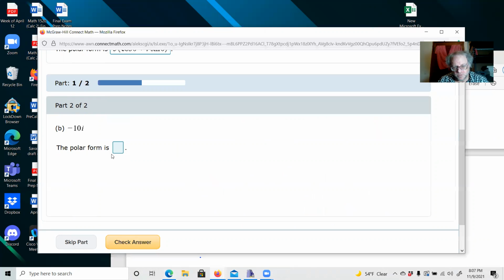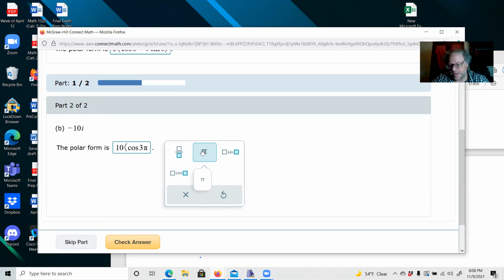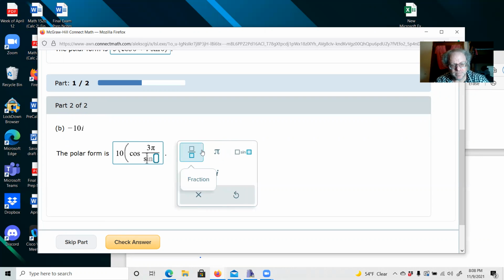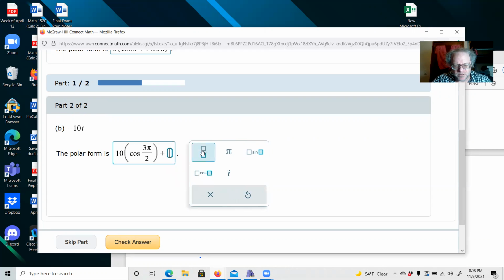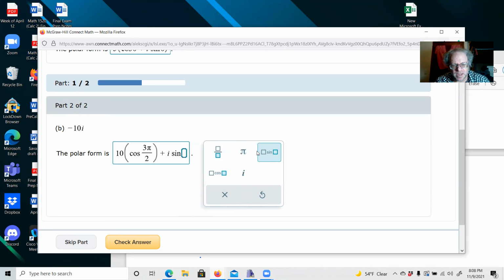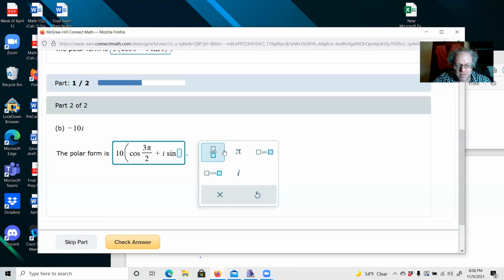Okay, so the polar form is 10 parentheses cosine of 3 pi over 2. Plus i sine of, let's get rid of this parentheses right here.